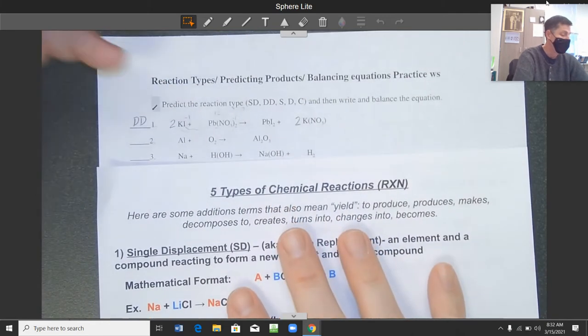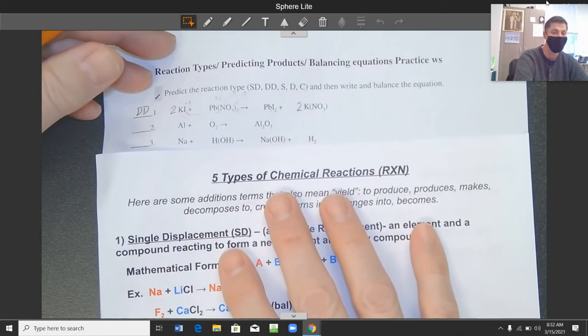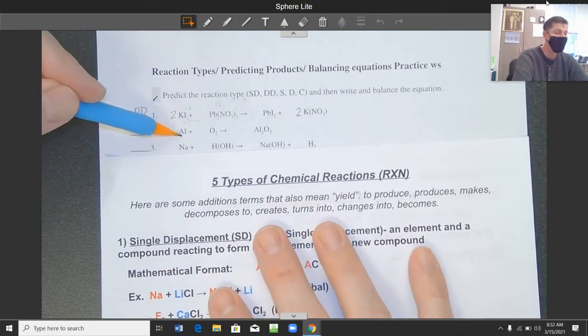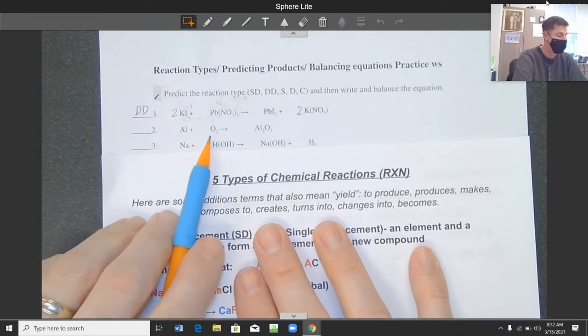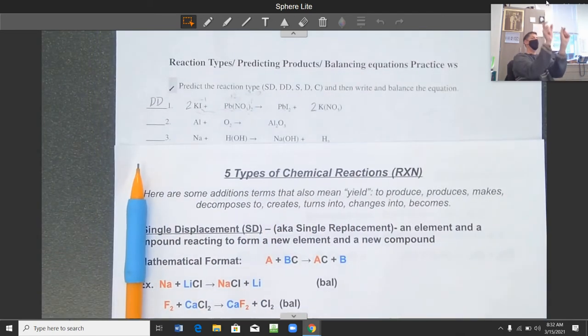So on this, we're not going to balance this one. We're going to do reaction type. 1 capital plus 1 capital. If I've got 2 individual Lego bricks, what's the only thing I can do with them? Put them together, right? What reaction type would that be if all I can do is put them together?